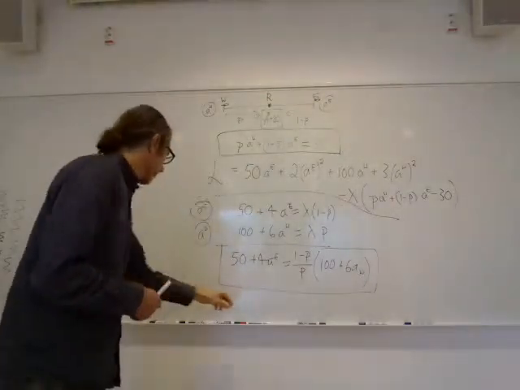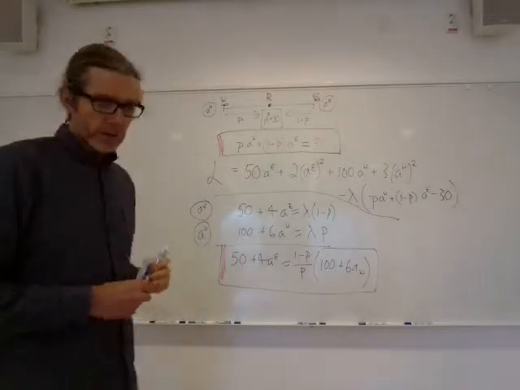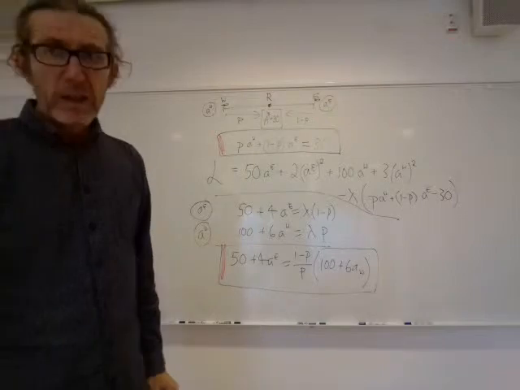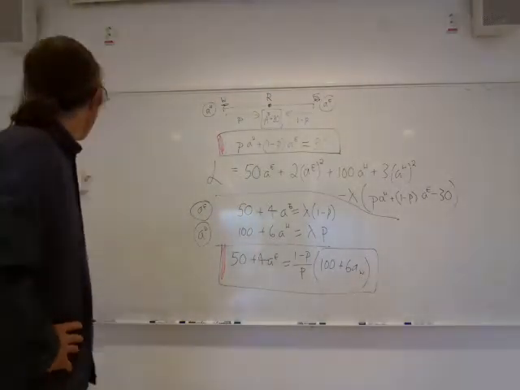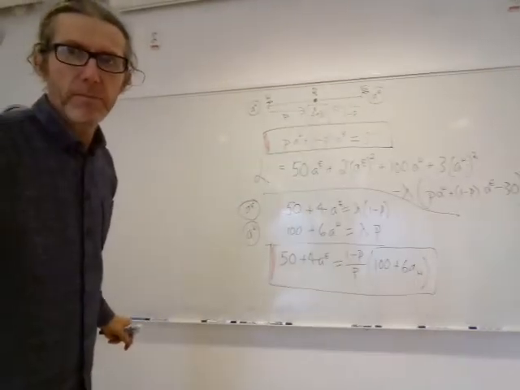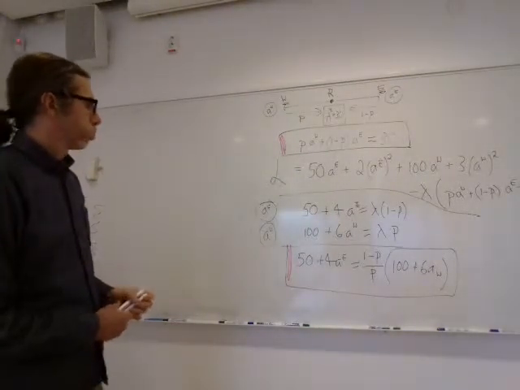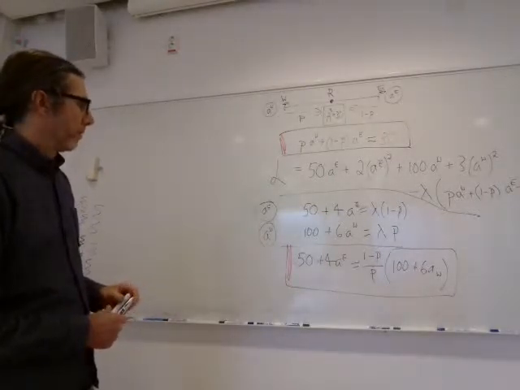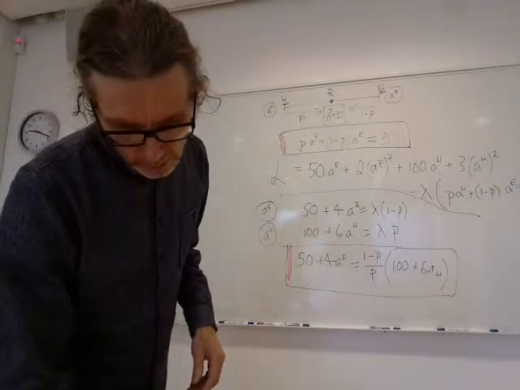So two equations and two unknowns, and a bit of a messy problem to solve. Let's see if we can do this. So we're not told P at all, are we?